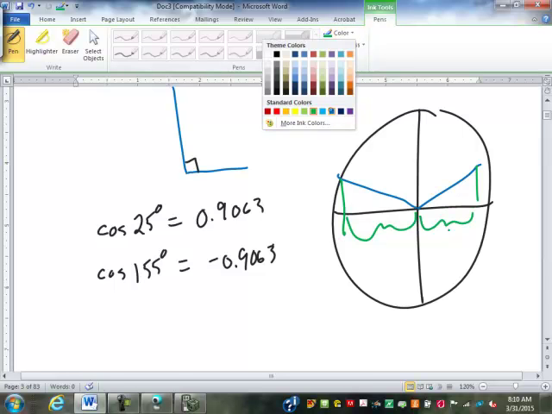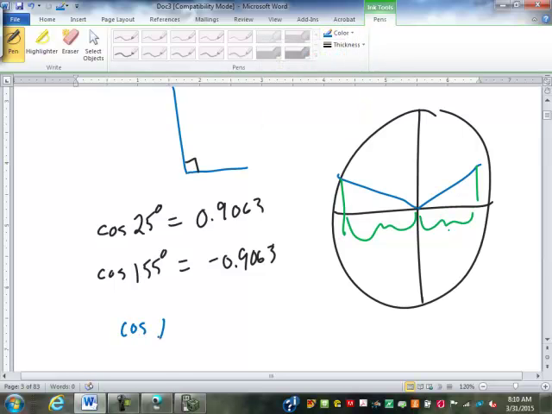If you are told cosine x equals negative 0.75, and you do an inverse cosine of negative 0.75, you get x is 130? No, I got something completely different. What is it? Negative 138?